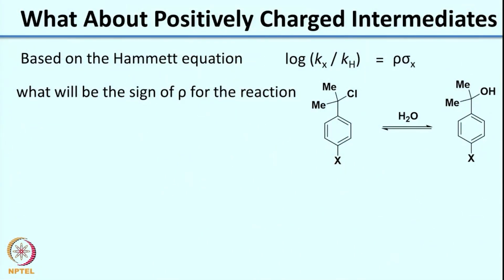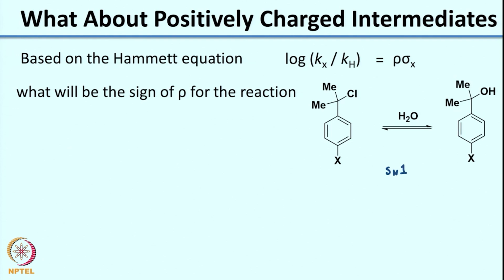So, before we left the last lecture, I had asked you to think about this reaction. Now, in this case you have a positively charged intermediate, and what happens when you have a positively charged intermediate? Let us first write the mechanism for this. In this case, if we consider an SN1 mechanism, given the fact that you have 2 methyls and an aromatic ring, it would generate a pretty stable carbocation.